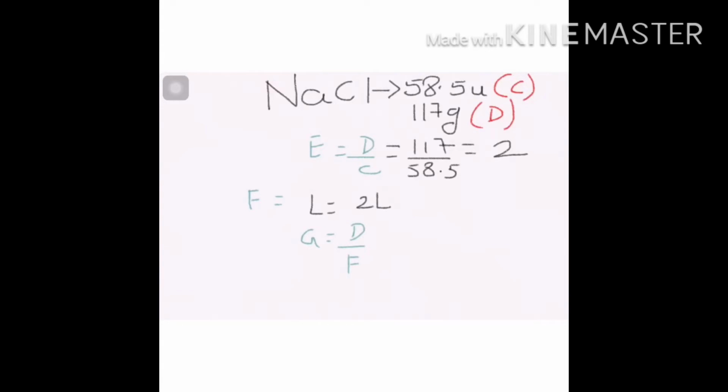So let us substitute the value now. D is equal to 117 divided by 2, which is 58.5 grams per liter.